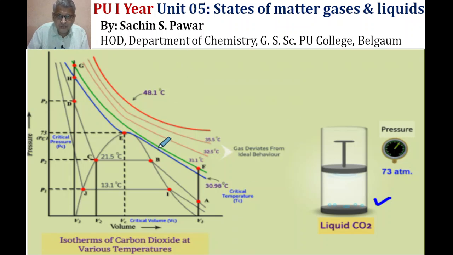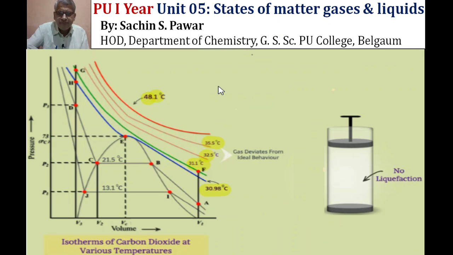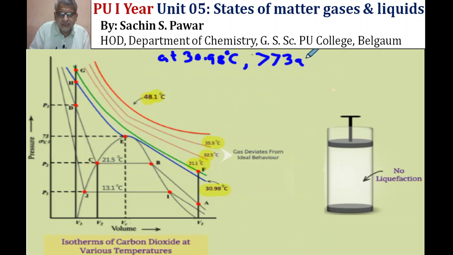So when the liquefaction of gas, see, at 30.98 degrees Celsius, above 73 atmospheric pressure, you see no liquefaction.